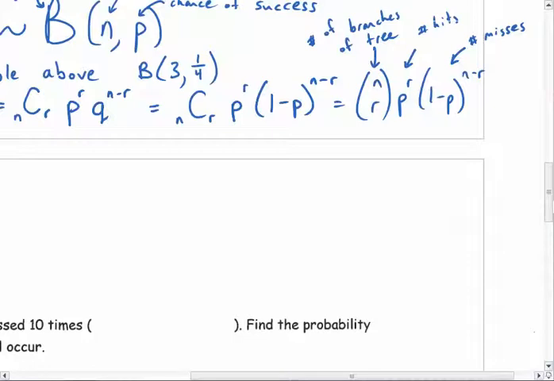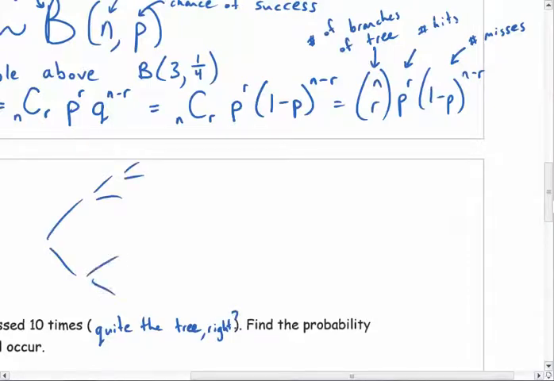Okay, so on the back side, we have the example that a fair coin is tossed 10 times. We want to find the probability that we get exactly 6 heads. Now, if you're trying to make this into a tree, can you imagine?